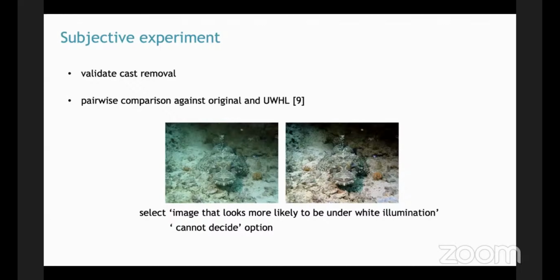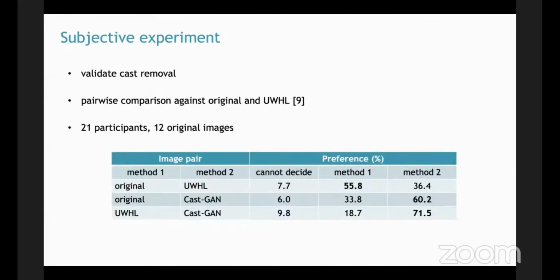And we also provide a cannot decide option in case the participant finds it difficult to tell the difference. In this, we have gathered the responses from 21 participants on 12 original images. And as you can see by the number, Cast-GAN outperforms the original image, meaning that it can really remove the color cast from the image, and it also outperforms underwater haze line in this case.